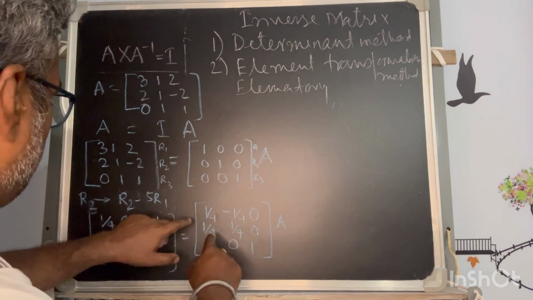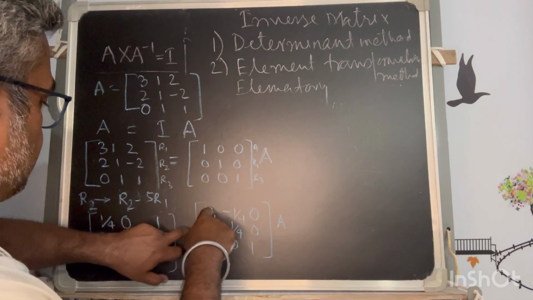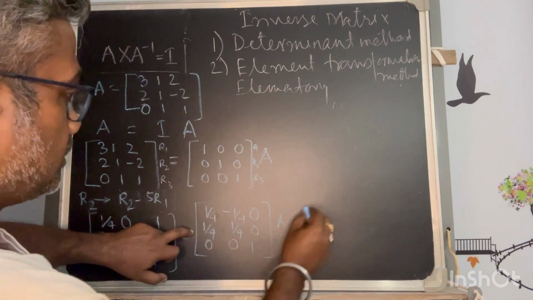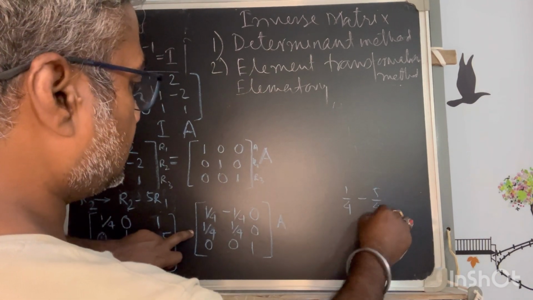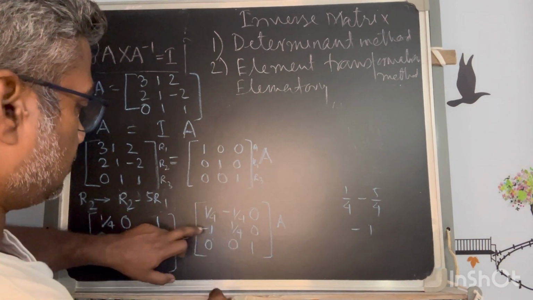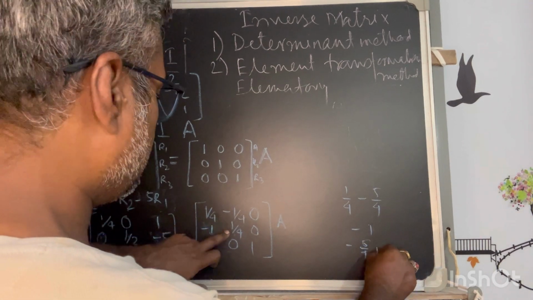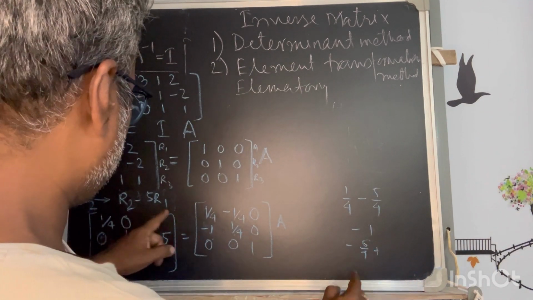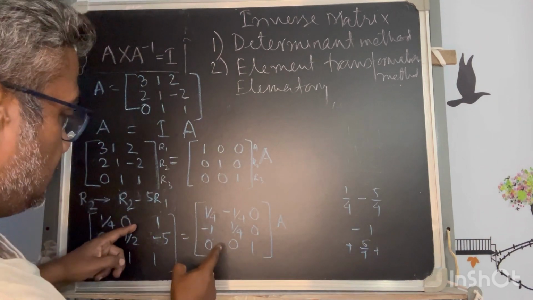The same thing I will do here. R2 becomes R2 minus 5R1, so this will become 1 by 4 minus 5 by 4, that's equal to minus 1. So this will become minus 1. This is minus 5 by 4, because I am deducting.